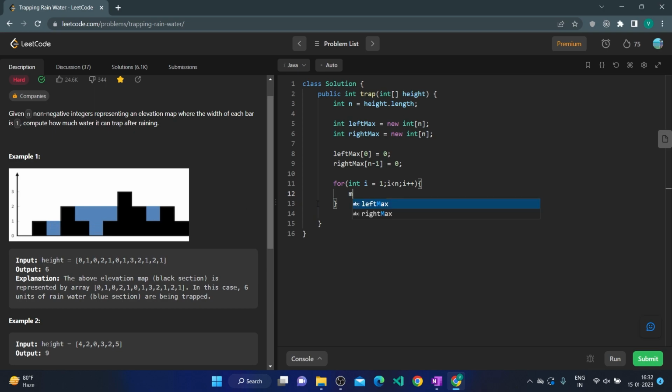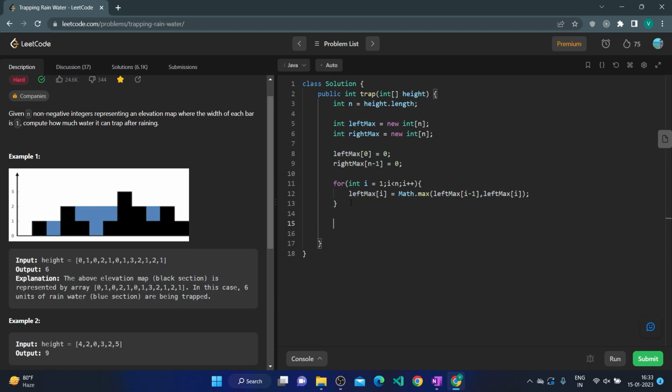Okay, so the left max of the ith element would be Math.max of the left max of the i-1th element, which is the previous element, and the current element, which would be height of i. Okay, so this will calculate the complete left max for all these bars.